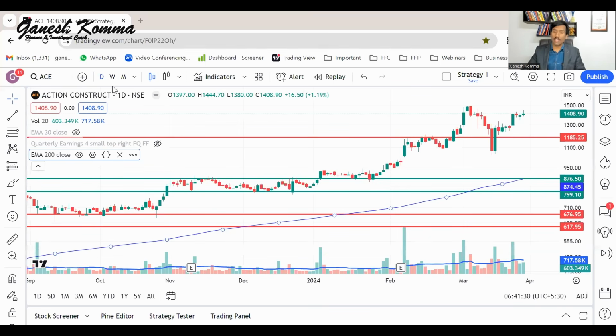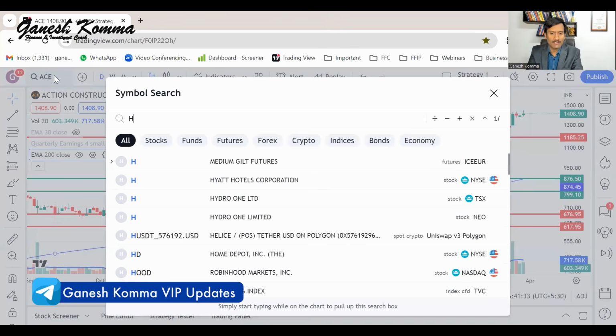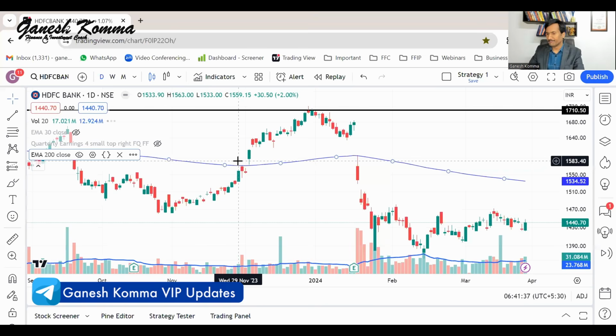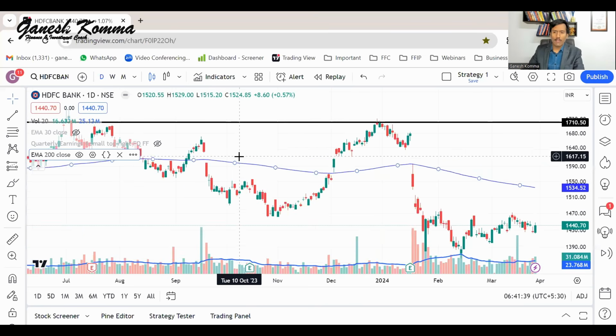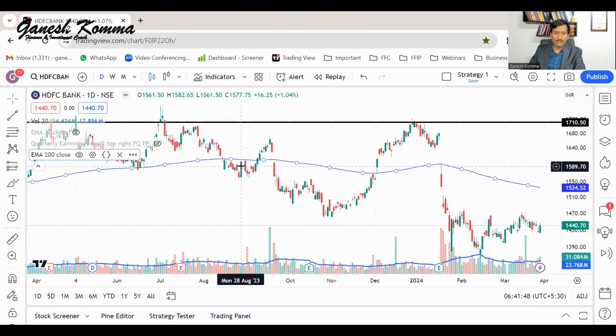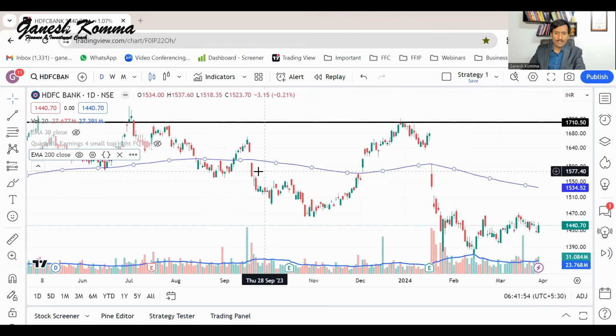We don't enter there. Even some of the strong companies, like let's say HDFC Bank, yes, this is a wonderful business for a very long period, and it has given exponential returns in the last couple of years. But if you observe during the last 1 or 1.5 year period, somewhere in August 2023, it has been below its EMA 200.